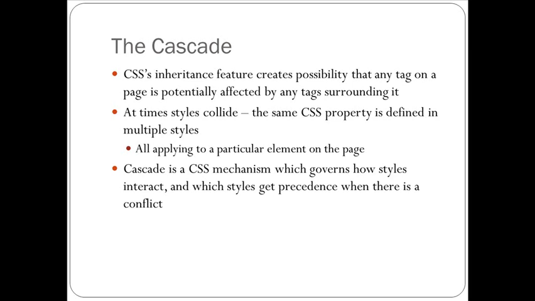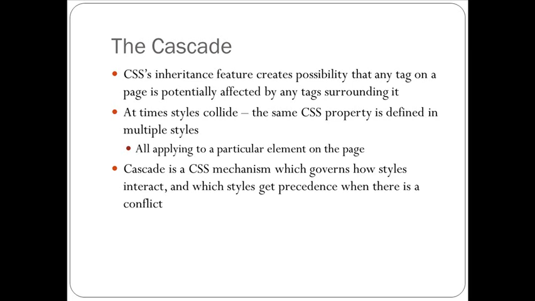At times, these styles will collide. The same CSS property is defined in multiple declarations for the same element. The cascade is a CSS mechanism that governs how styles interact and which styles get applied or get precedence when there is a conflict.